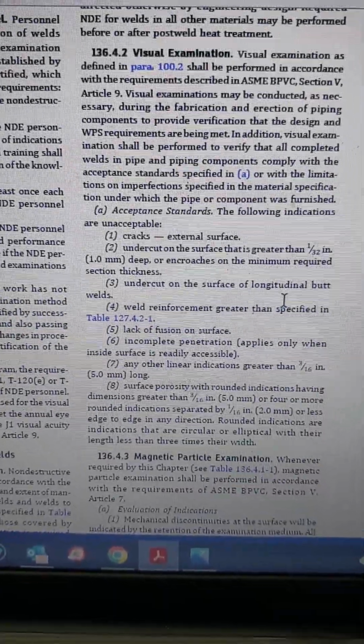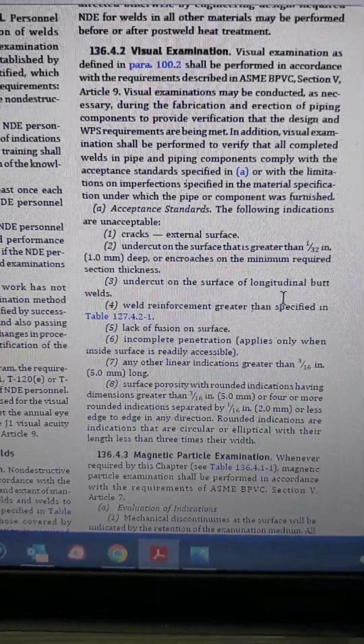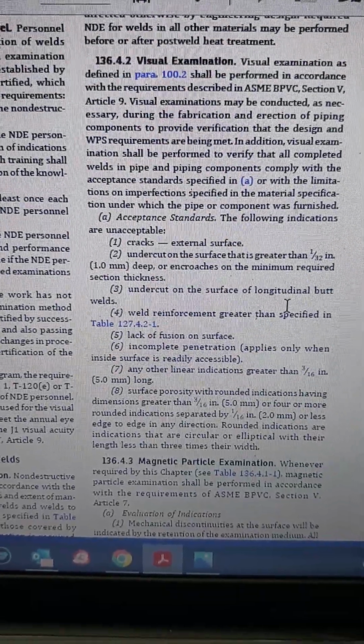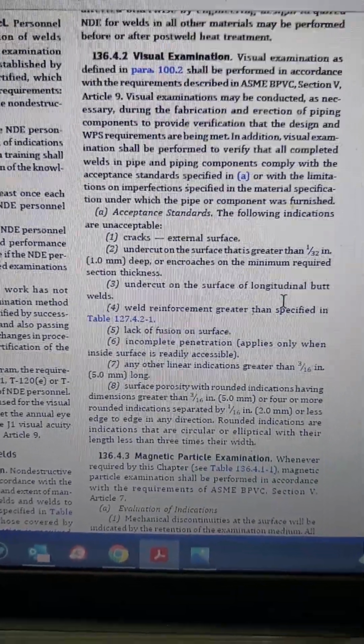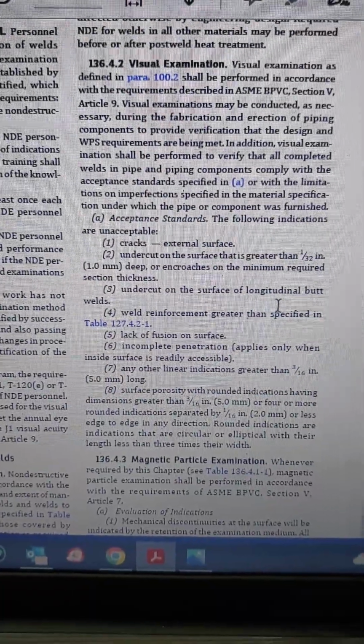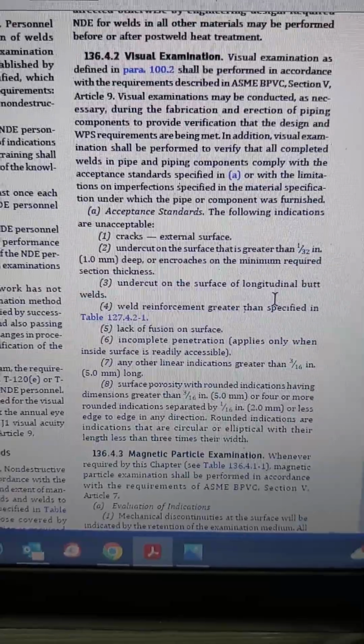Any cracks over the external surface are unacceptable, and undercut on the surface that is greater than 1 millimeter deep, or encroaching on the minimum required section thickness.